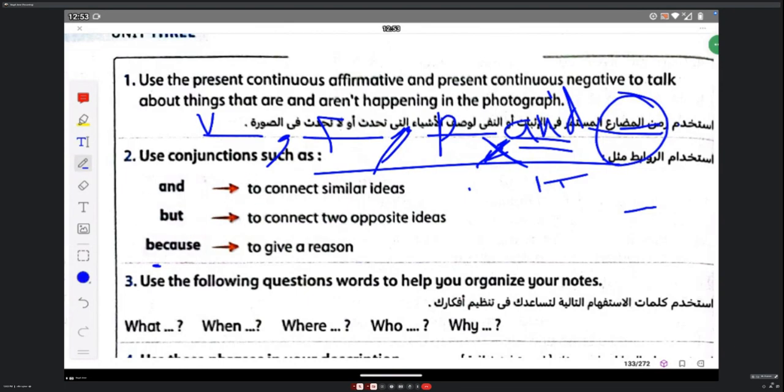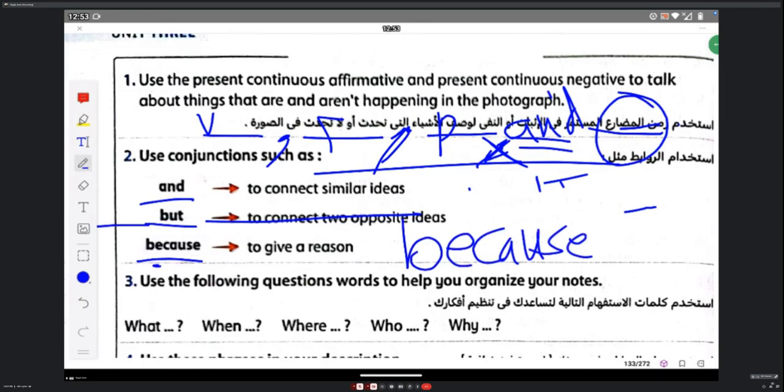But and no, because. Because is very important, because sometimes when I mark your homework, I find a comma here, and it's wrong to put a comma before because.